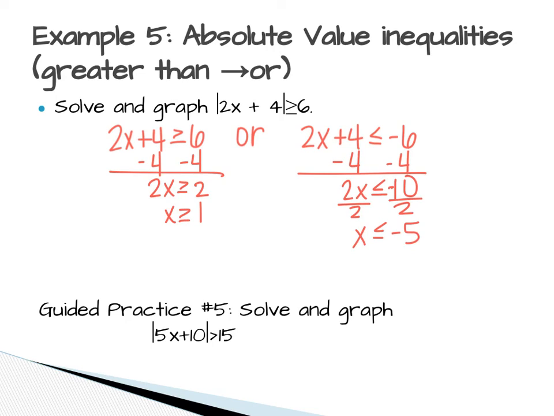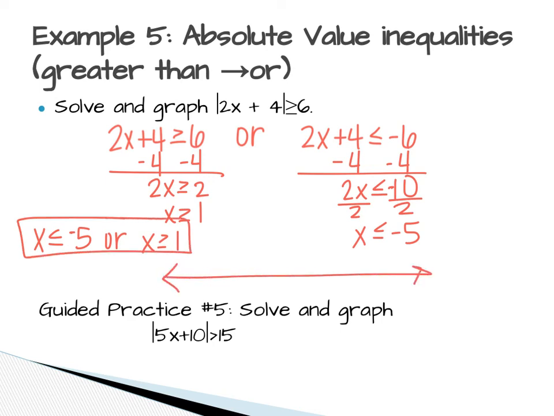If I'm moving too fast, you have control of the pause button, so pause the video. Put it in your inequality. It's an or, so you just put the smaller number on the left: x is less than or equal to negative 5, or x is greater than or equal to 1, and that's your answer. And when they tell you to put it on a number line, you're going to put the lower number on the left, the bigger number on the right.